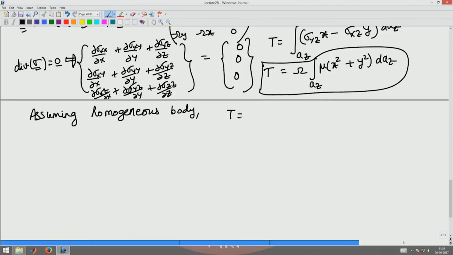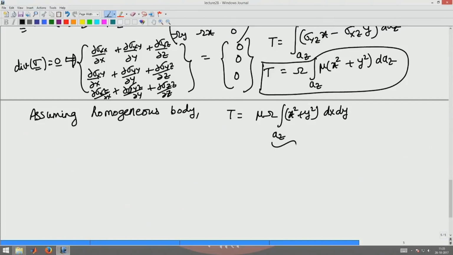I have T to be given by mu omega. I can pull the mu outside since I assume the body is homogeneous. The shear modulus mu is not a function of x, y or z, so I move that outside. That will be the integral of x square plus y square dA.